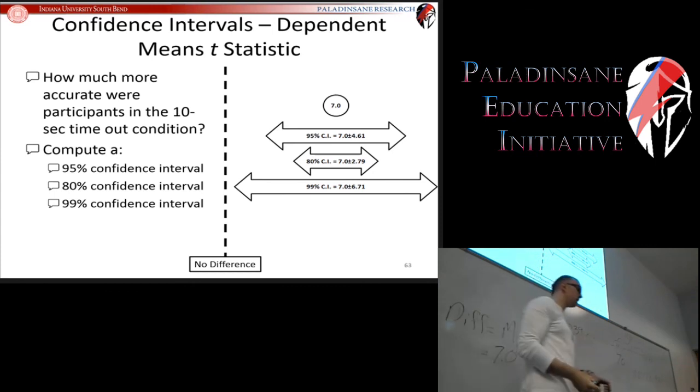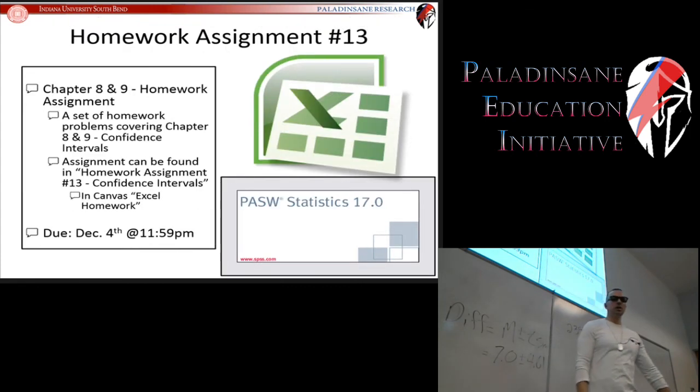So in terms of wrapping this up, just a few notes here. First off, just so that everybody is aware, the confidence interval homework is an Excel sheet that you will be completing. It's not in my lab, it's in Canvas, in the Excel homework folder. So download the Excel sheet.